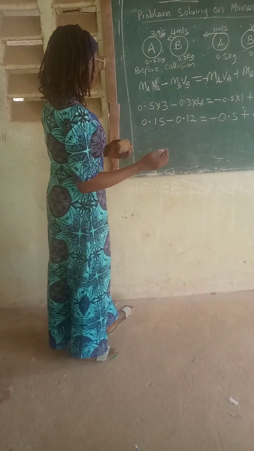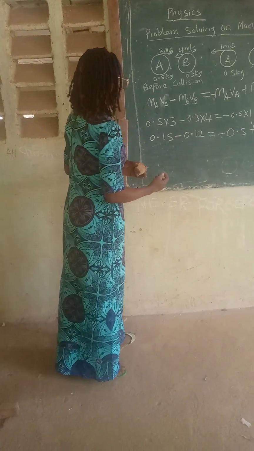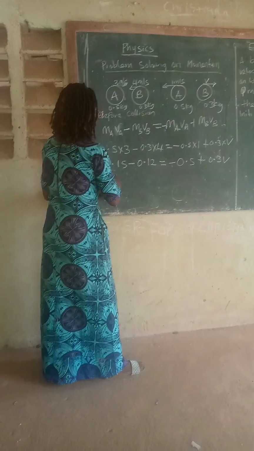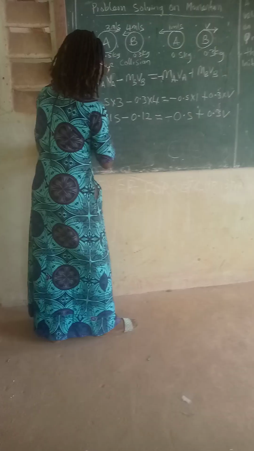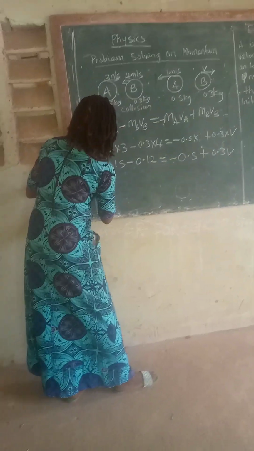So we'll collect like terms. This one will come here, and this one will come here and be positive. So we have 0.15.